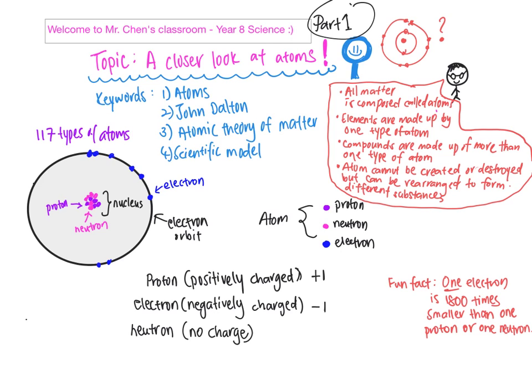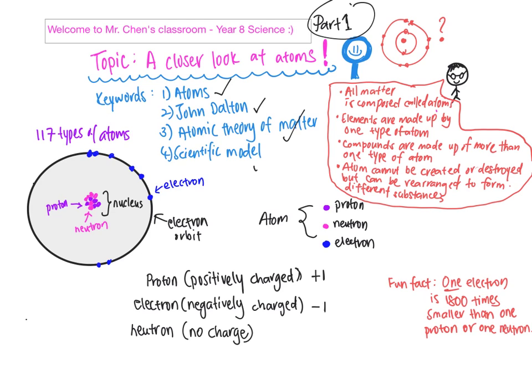So here are a few keywords for you. Keyword number 1 is atoms. Keyword number 2 is John Dalton. Keyword number 3 is atomic theory of matter, and keyword number 4 is scientific model. Let's go through each of them.